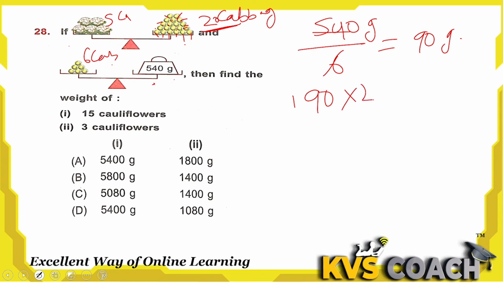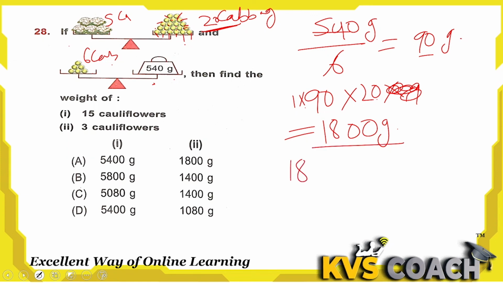So 20 cabbage are 20 into 90, so this is 1800 gram. Okay, and this is equal to 5 cauliflower. So 5 cauliflower weight is 1800 gram.